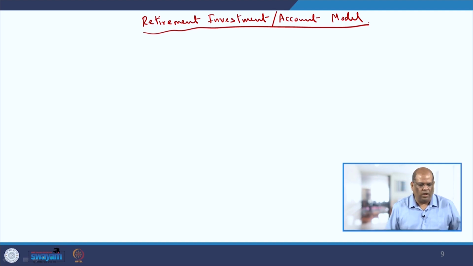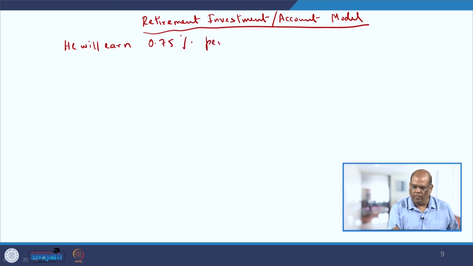So, suppose a person who is doing a high profile job went to the bank and the personnel suggest that you must have a retirement account. So, what are they going to offer? They say that in this account he will earn 0.75% per month.